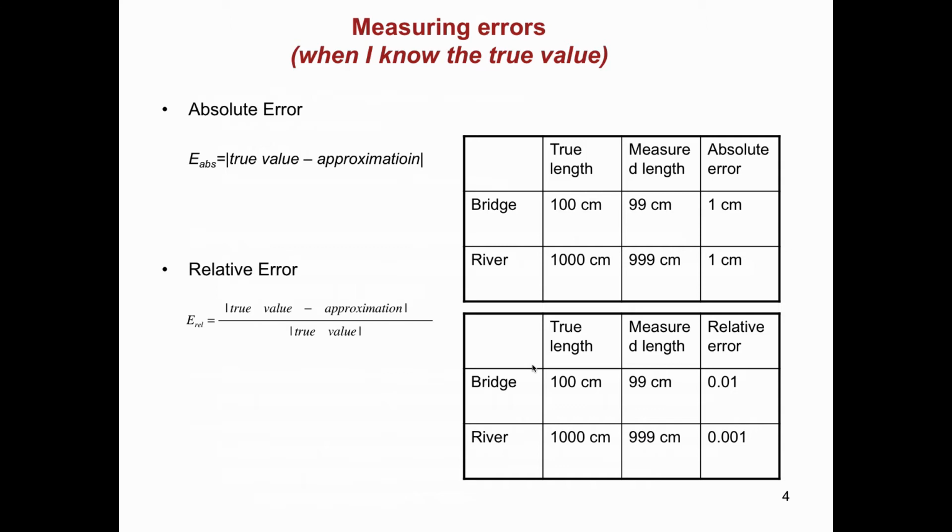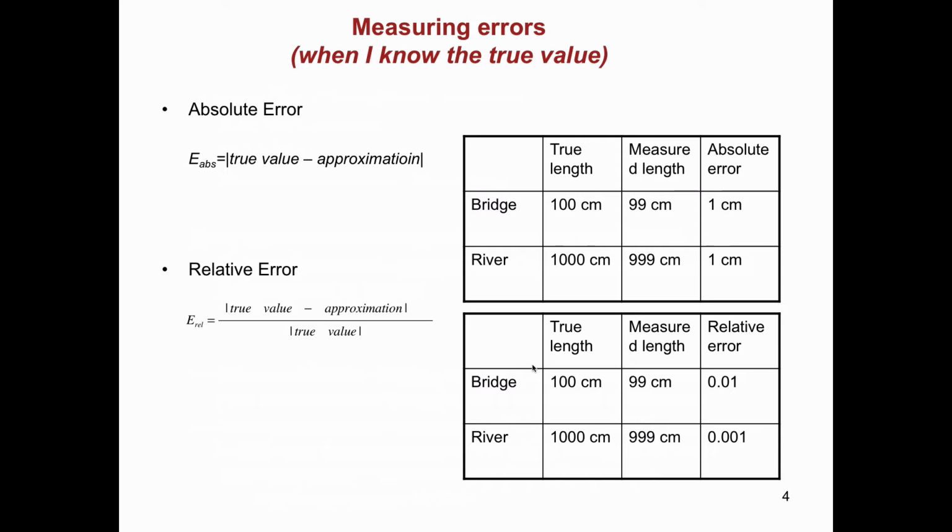So if I have a bridge whose true length is 100, but I measure it somehow as 99, my absolute error is 1 centimeter. If I have a river, I'm going to guess that this is the width of the river rather than length, the weird river that is only 1,000 centimeters long. But basically, if I make the same absolute error relative to the size of what I'm measuring, those are 2 different things.